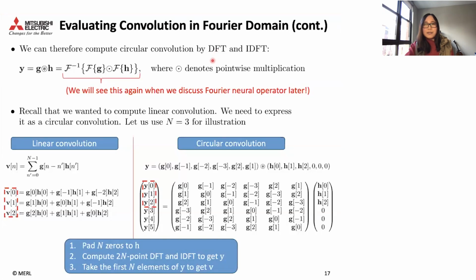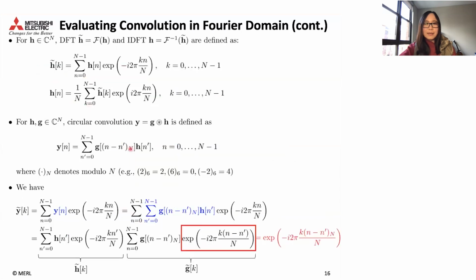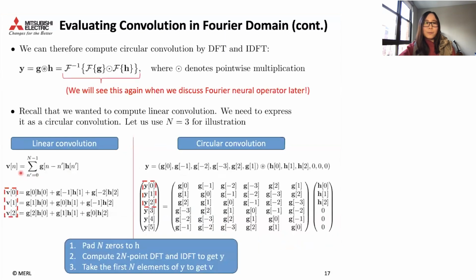And as we saw earlier, you can only do the convolution in the Fourier domain if we are doing a circular convolution, meaning that the index is taken modulo n, but what we really want to compute is not modulo n.